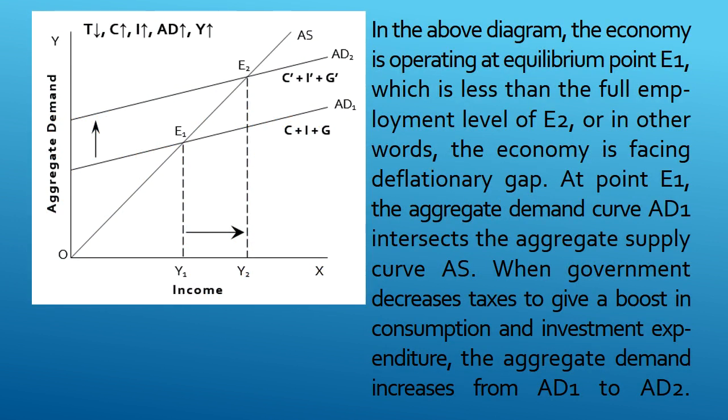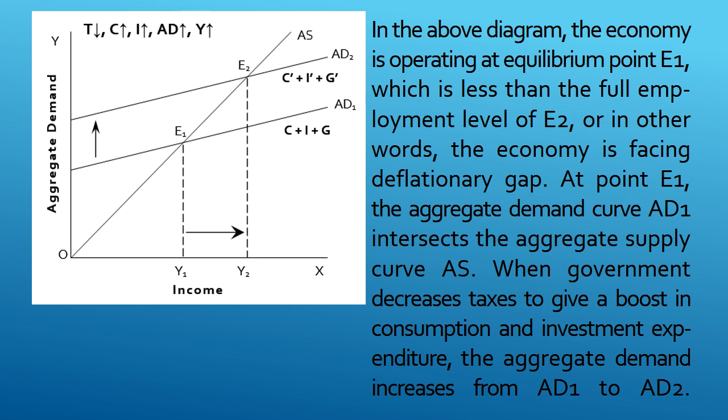In the above diagram, the economy is operating at equilibrium point E1, which is less than the full employment level of E2, or in other words, the economy is facing a deflationary gap. At point E1, the aggregate demand curve AD1 intersects the aggregate supply curve AS.